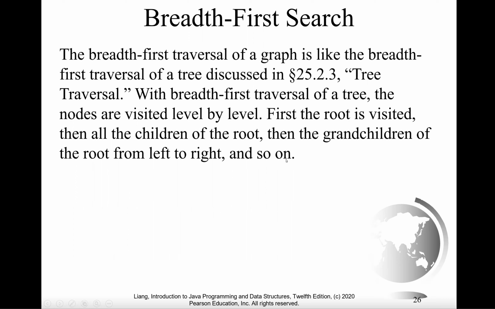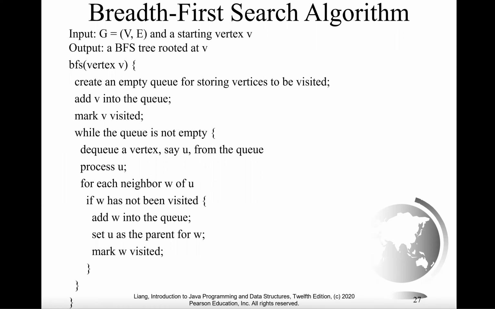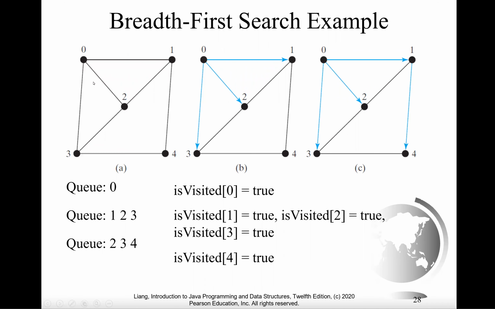So let's look at this example now. For the graph, we're going to start from 0. So 0 is visited, then all the neighbors of 0 are visited if they have not been visited. So we're going to visit 1, 2, 3. This can be in any order.